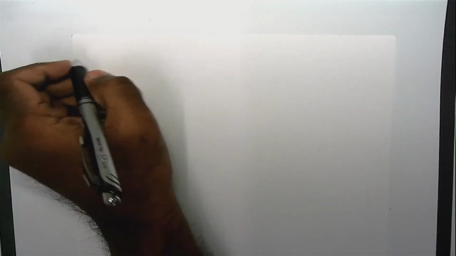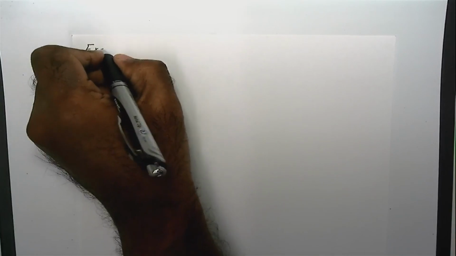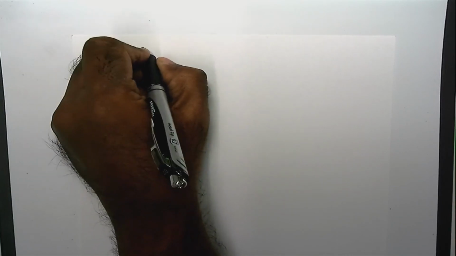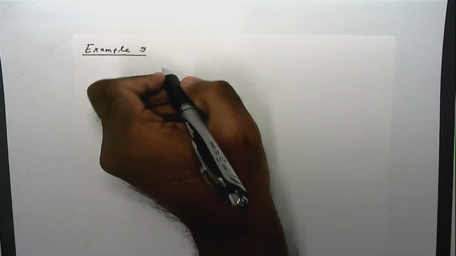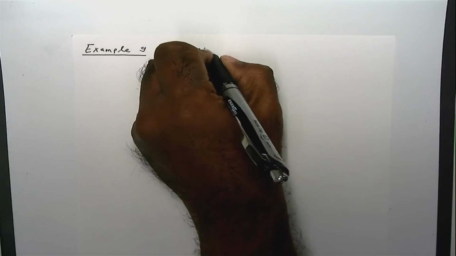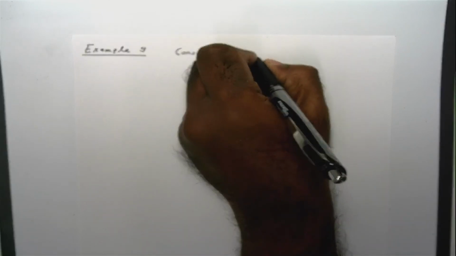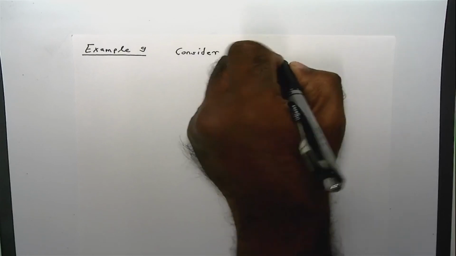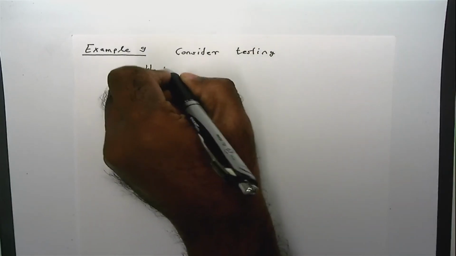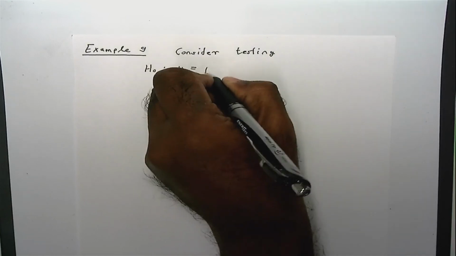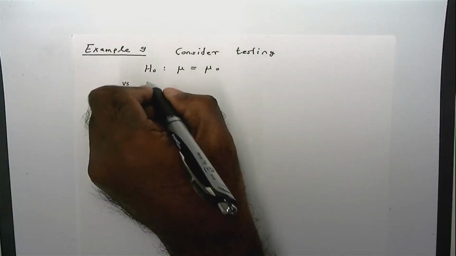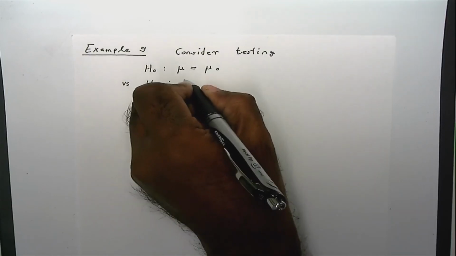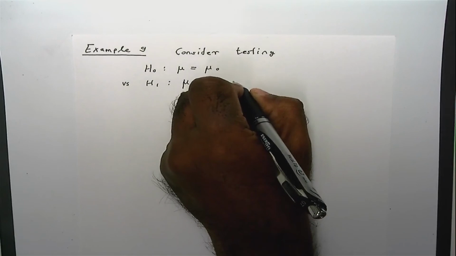The final example is example 9. Consider testing the null hypothesis that the population mean is equal to mu0 versus the alternative that mu is equal to mu1, which is less than mu0.